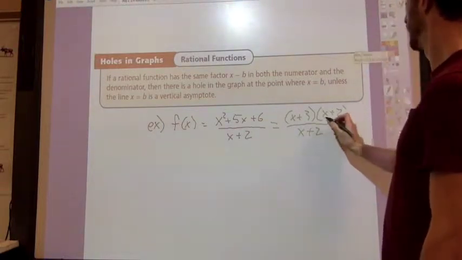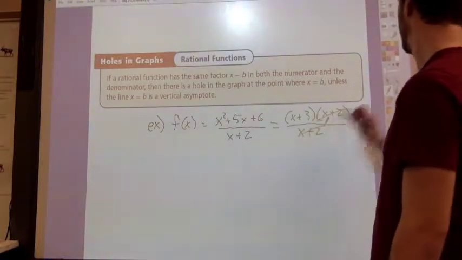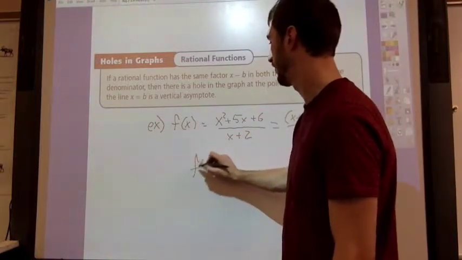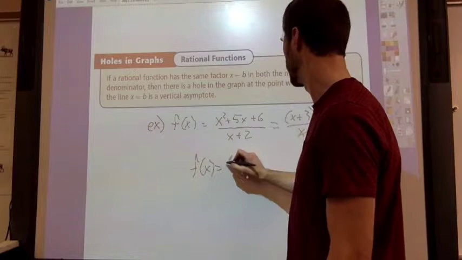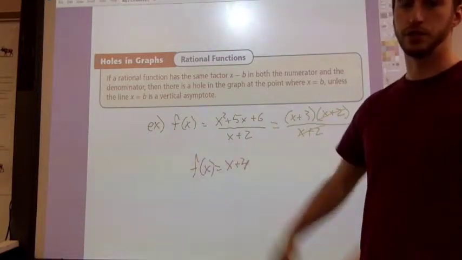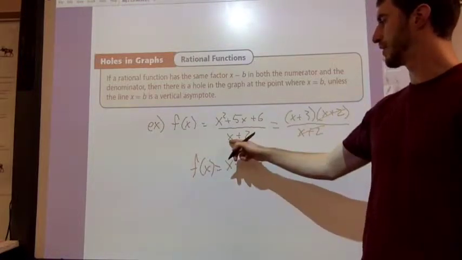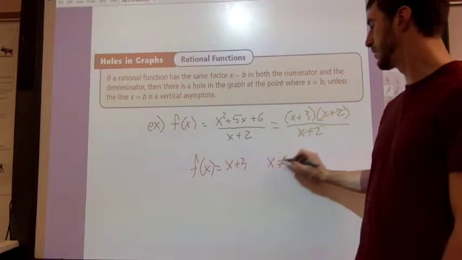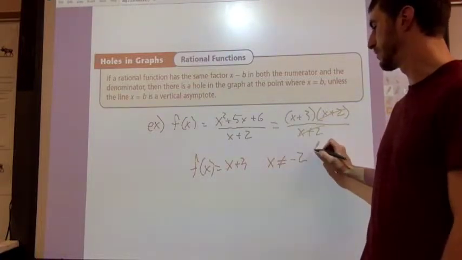And then these x plus 2's cancel out, and we're left with f of x equals x plus 3. And then we go back to our original equation and set our denominator equal to 0, and we figure out that x cannot equal negative 2.